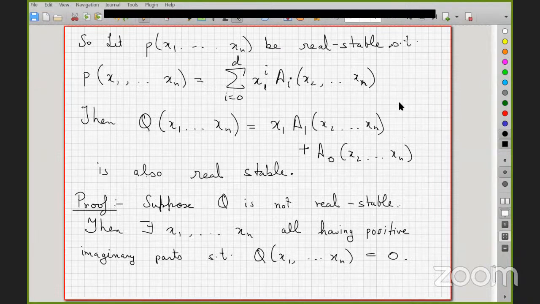So first thing is, okay, let's ignore this identically 0 part for now. So let's just look at the interesting part. So suppose this is 0. Good.